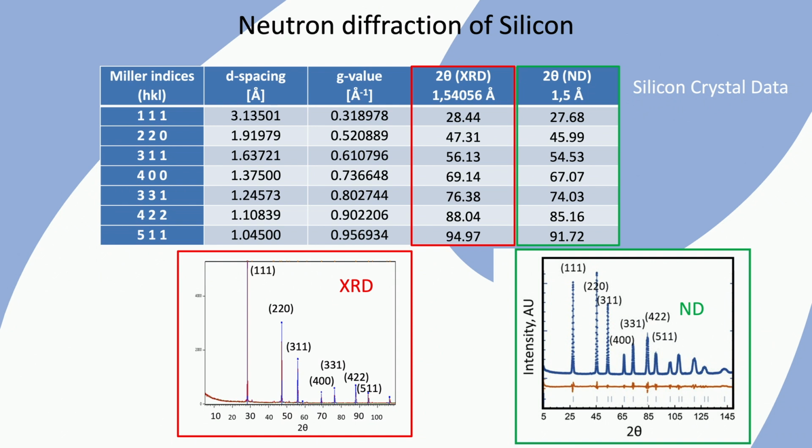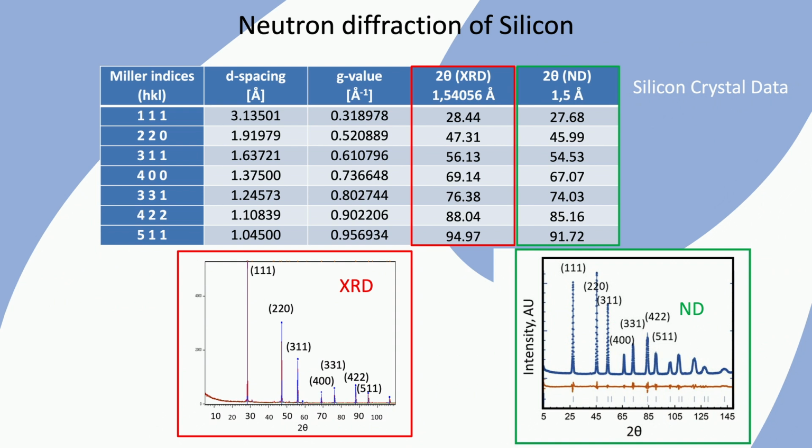Following the strong 111 peak, we see that the recorded XRD and neutron diffraction spectrum would have been the same if we would have plotted the spectra versus d by recalculating the spectrum based on the applied wavelengths.